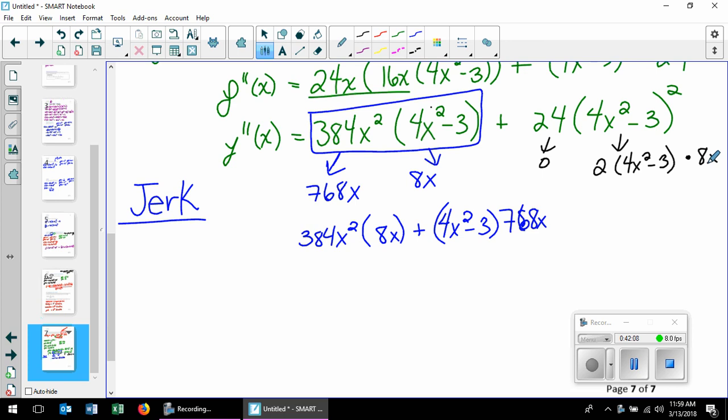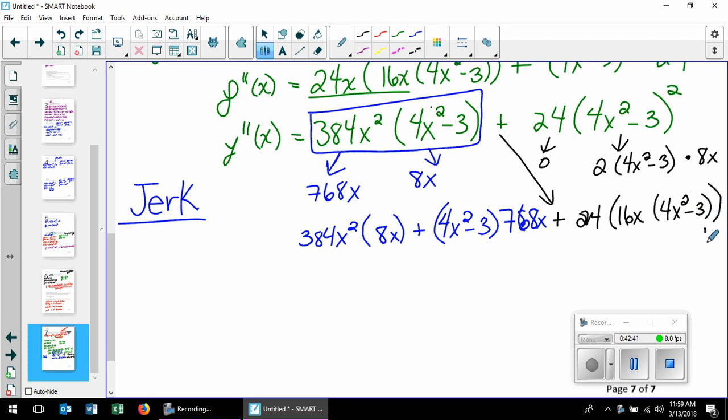So let's do the derivative of this. Product rule. So it says take the first one, multiply it by the derivative of the second one. Yes, you will end up adding them because it's added here. 16x times 4x squared minus 3.